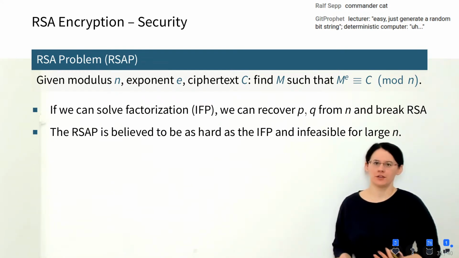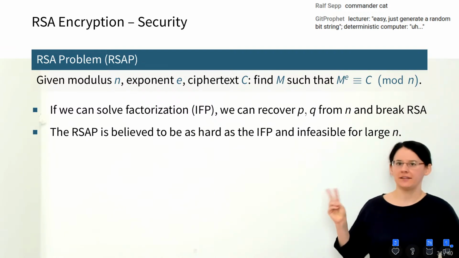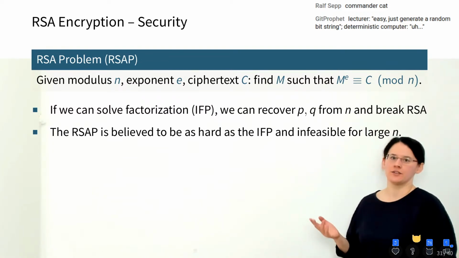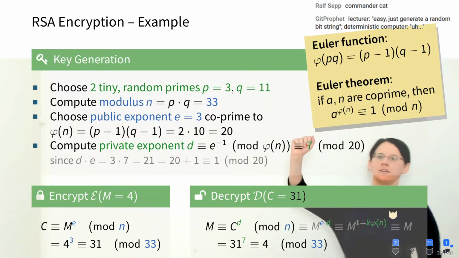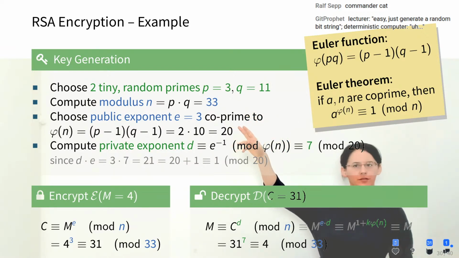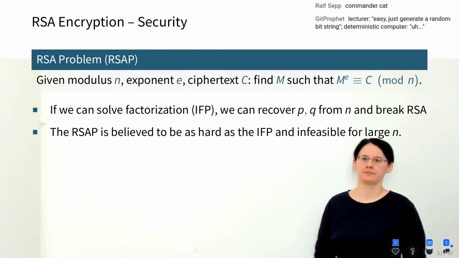This is because the modulus was the product of two prime numbers. And if we can find the two prime numbers from the modulus, then we can do all the computations that Alice can do. So in particular, if we do learn the prime numbers p and q, we can find phi of n, and with this we can recover the secret exponent.